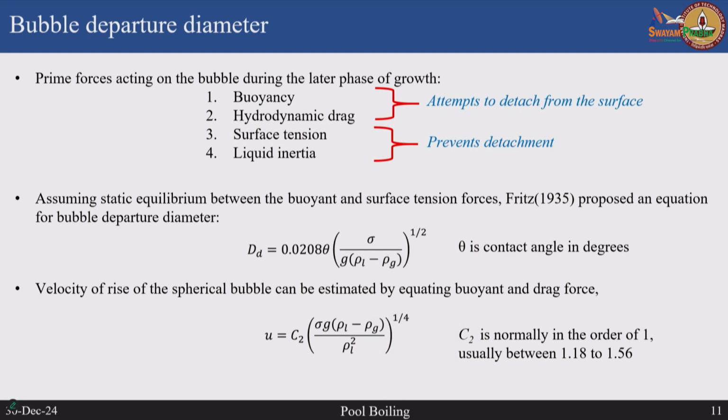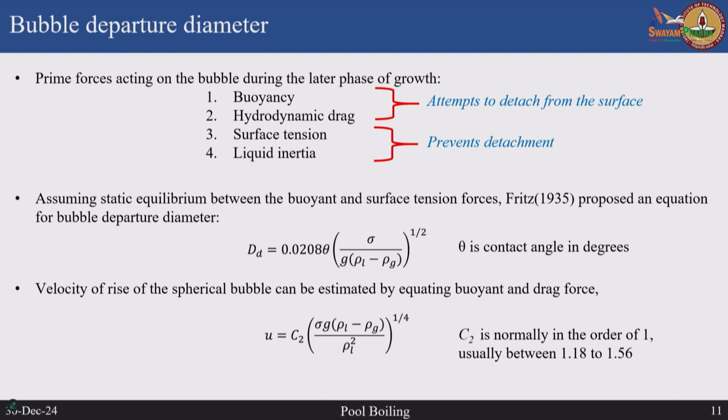Now, there is also some understanding from these pool boiling experiments about some more mechanisms, like what the diameter of this bubble is when it departs from the surface. So, there is a nucleation of the bubble, then there is a detachment of this bubble, and these bubbles keep rising up. So, how do we calculate the diameter when it departs?